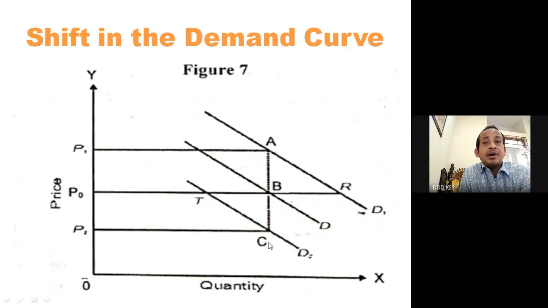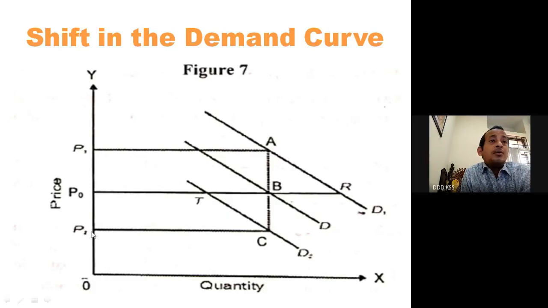Decrease in the demand is represented by D2. Now, if price comes down to P2, then with the decreased income, the consumer may consume PC, the same quantity of goods. The consumer may not prefer to buy more, or due to heavy taste preference, consumers are not ready to purchase more.